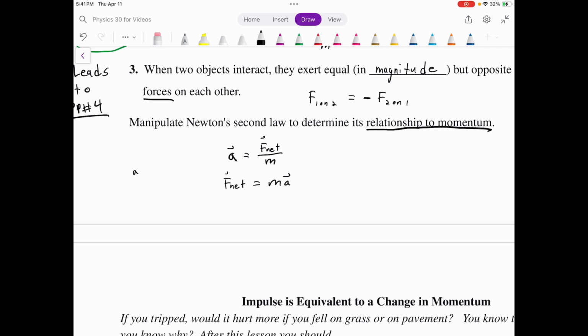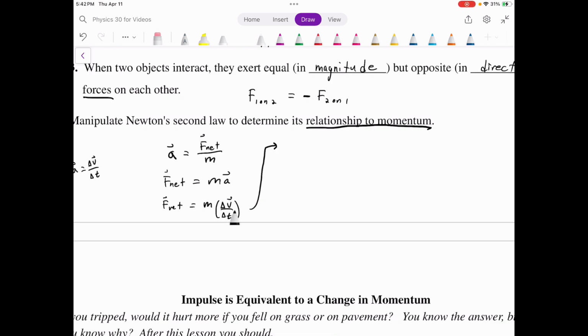So if acceleration is change in velocity over change in time, then we could write this as F net equals mass times, yes, acceleration, but acceleration is a change in velocity over a change in time. Now I see that mass times a change in velocity has showed up in our equation. So we're getting closer to thinking about the relationship to momentum here.